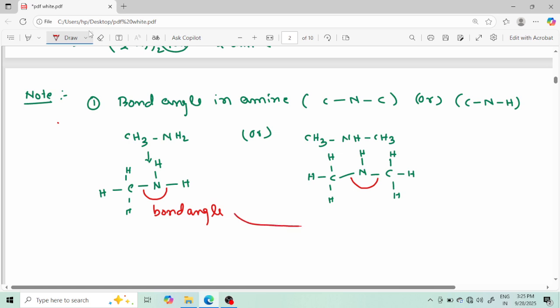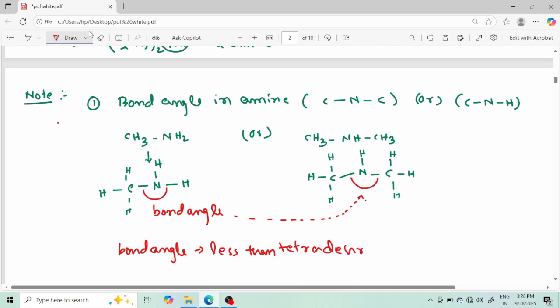Similarly here also this bond angle. So this bond angle is always less than the tetrahedral angle.